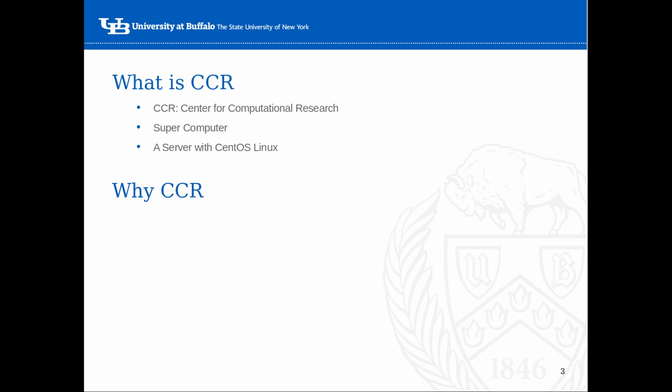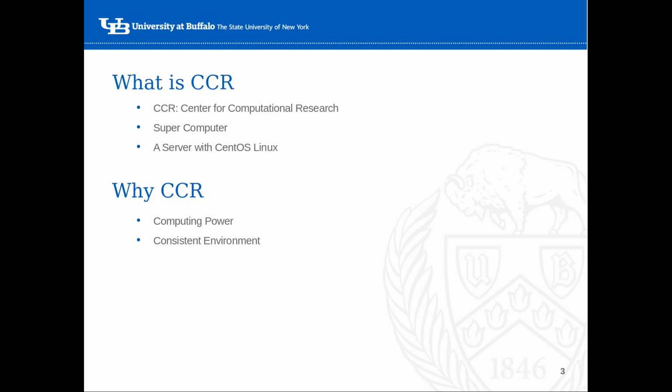So why do we want to use CCR? The first thing is, of course, the computation power is very powerful. For example, if you're solving a problem from integer programming, it will be NP-hard, very difficult. I remember in a class, there was a problem assigned by Dr. Oteros, and I ran it for like 2 or 3 hours. If you use CCR, it probably can solve the problem in maybe half an hour. So this is one big reason we want to use this resource.